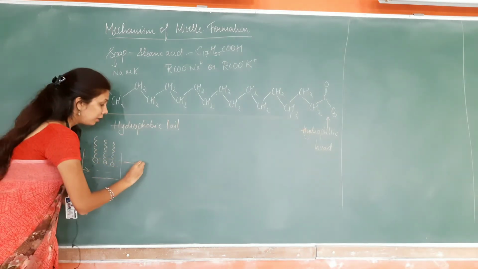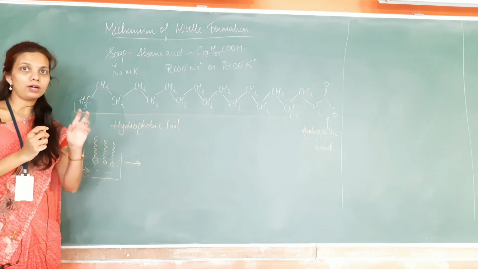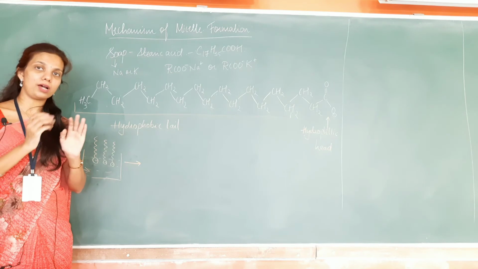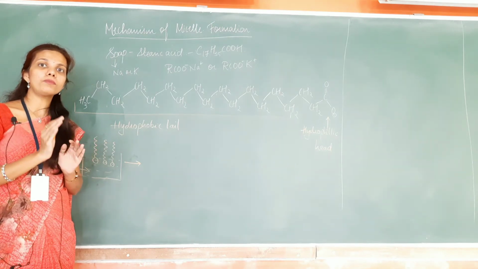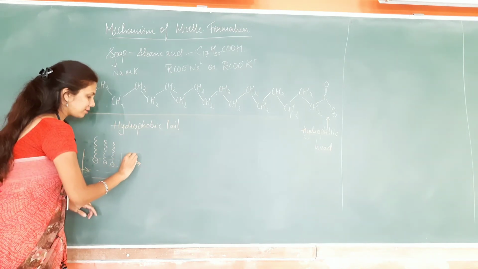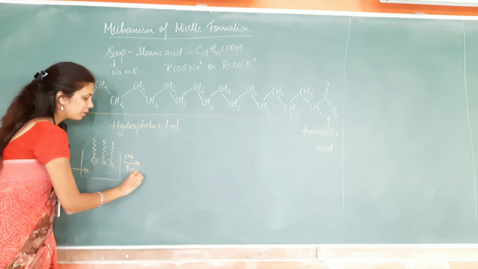Now what happens when this concentration reaches the critical micelle concentration? We all know that associated colloids form a micelle only when the concentration is at CMC or above CMC.